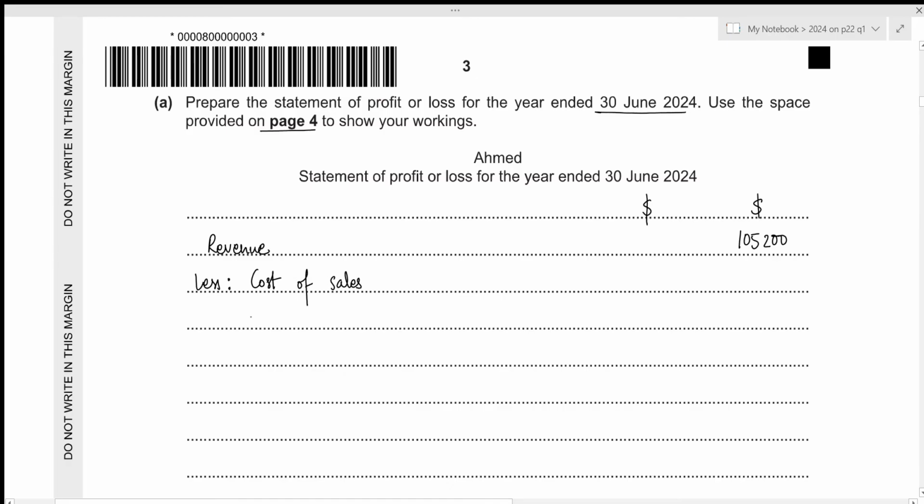Cost of sales starts with the opening inventory. We then need to add our purchases, which we've already calculated below. There was also goods taken for own use. Goods taken for own use should always be subtracted. Then there was no carriage inwards, but we have been given the closing inventory as well, so we need to subtract it.